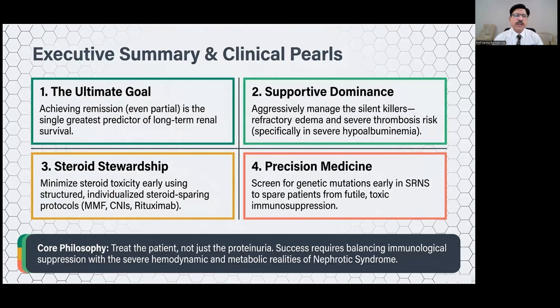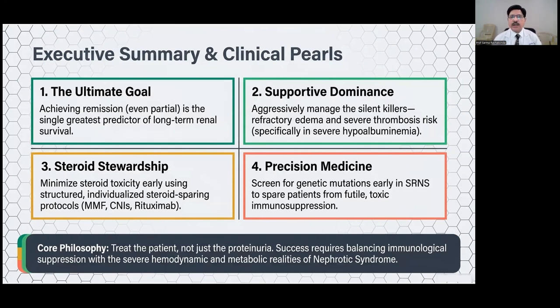Ultimate goal: achieving remission, even partial, is the single greatest predictor of long-term survival. Keep the proteinuria less than 1 gram. Number 2, supportive dominance. Here, aggressively manage the silent killers: refractory edema, thrombotic risk, hypoalbuminemia. Steroid stewardship: minimize steroid toxicity early using structured, individualized steroid spacing protocols, and sparing protocols like mycophenolate mofetil, CNI inhibitors, or rituximab.